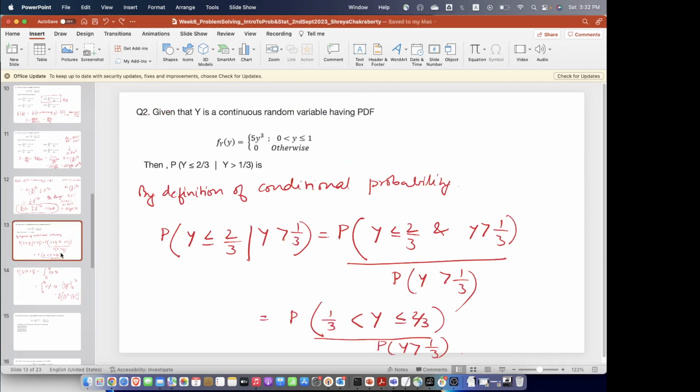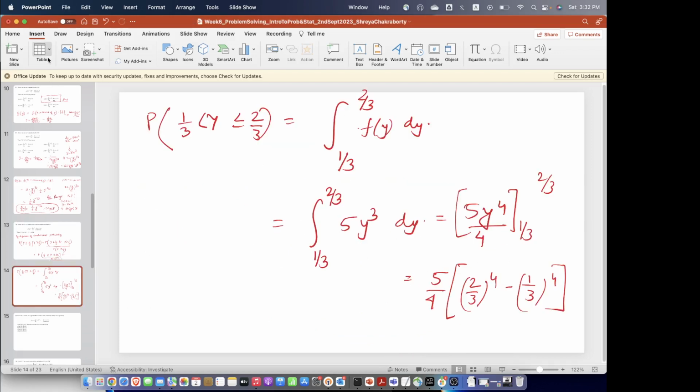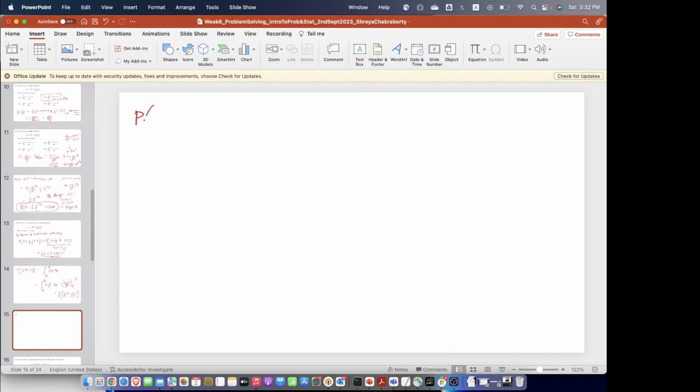So now we have the numerator figure. Next we want the denominator, that is probability y greater than 1/3. So probability y greater than 1/3 would be, the range of y is from 1/3 to 1, since y can range from 0 to 1 only.